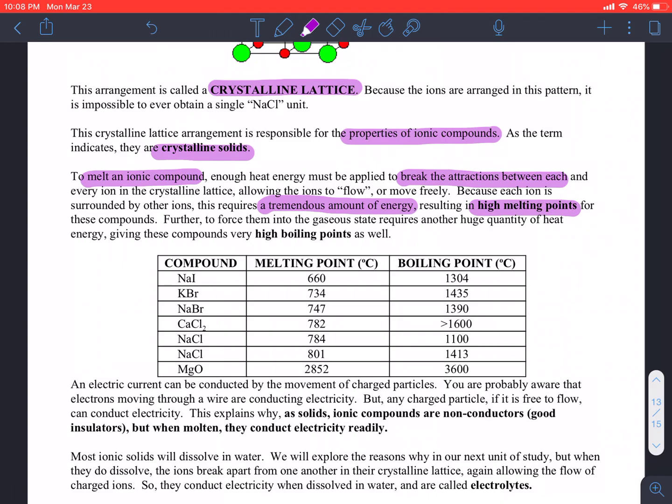Now, in comparison to each other, one may be higher within the ionic compounds than another, but when compared to covalent compounds, which is the next unit we're going to look at, they are considered to be really, really high melting points. Okay, so further, to force them into the gaseous state requires another huge quantity of heat, giving these compounds also very high boiling points as well.